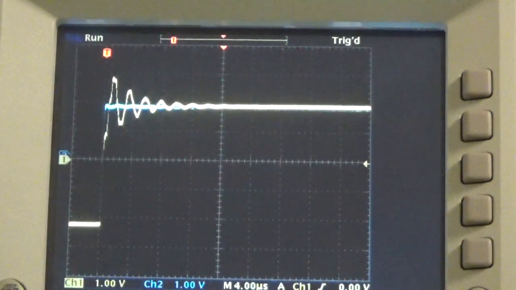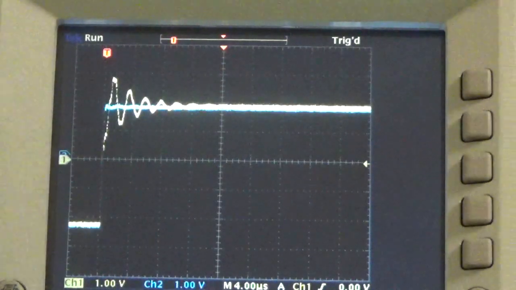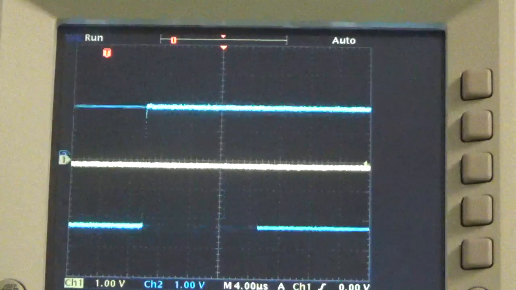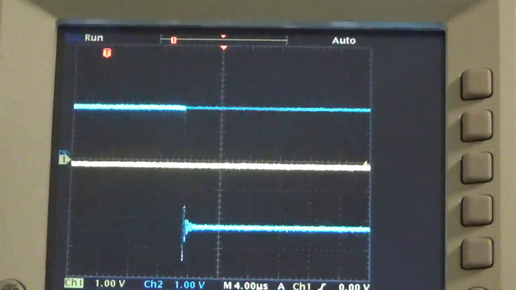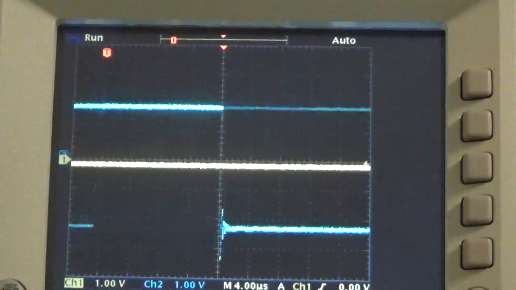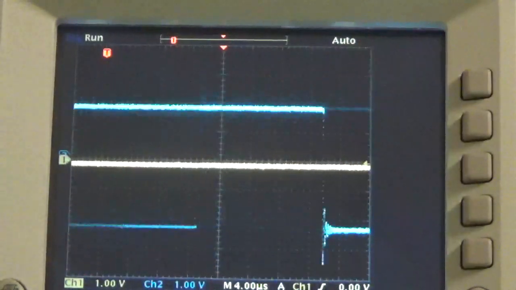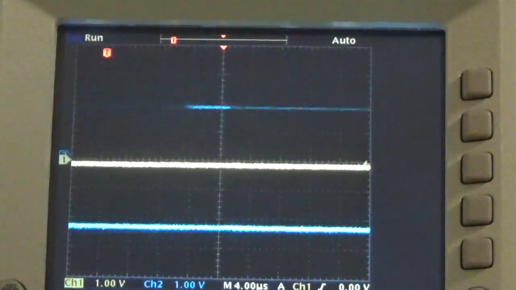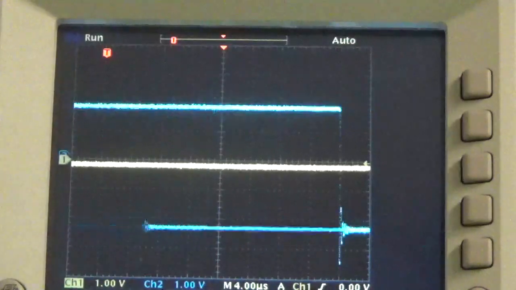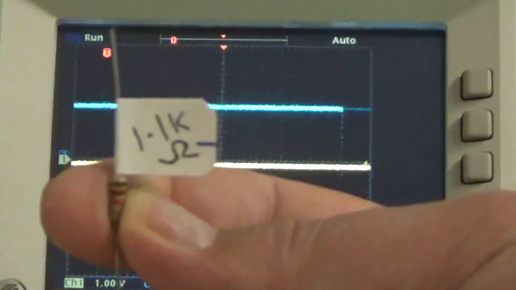And now I will replace the 5.6 kilo ohm resistance with 1.1 kilo ohm. So let's do that.